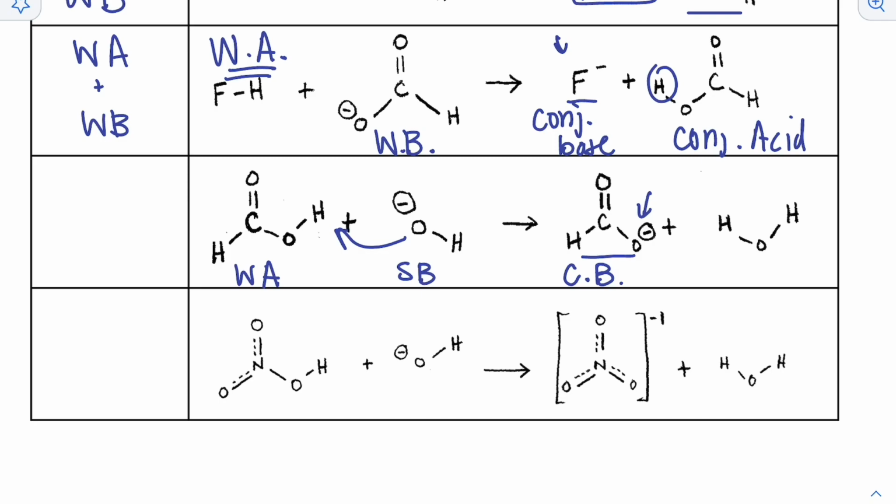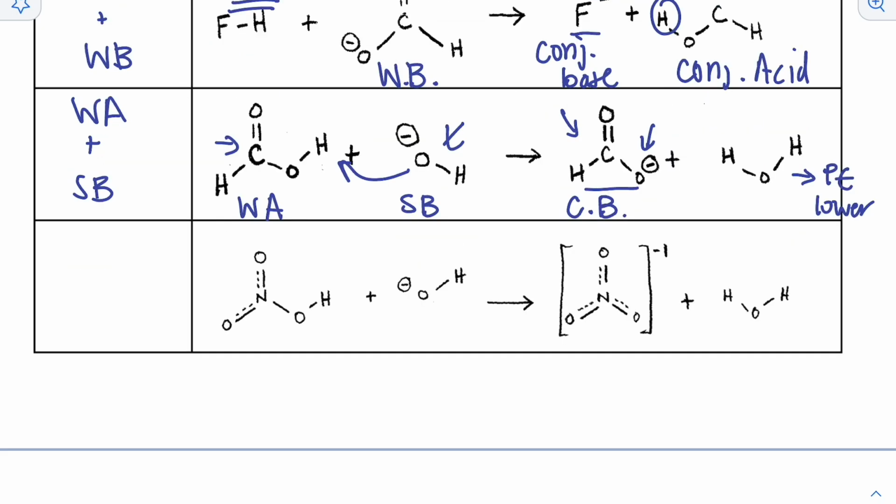This is water, not an acid, because it will take a hydrogen and never give it back. And again, this is due to energetics. The potential energy of water is much lower than the potential energy of hydroxide, whereas the potential energy of our formic acid versus our formate ion are relatively the same. That's what makes it weak. So this is a weak acid, strong base reaction.